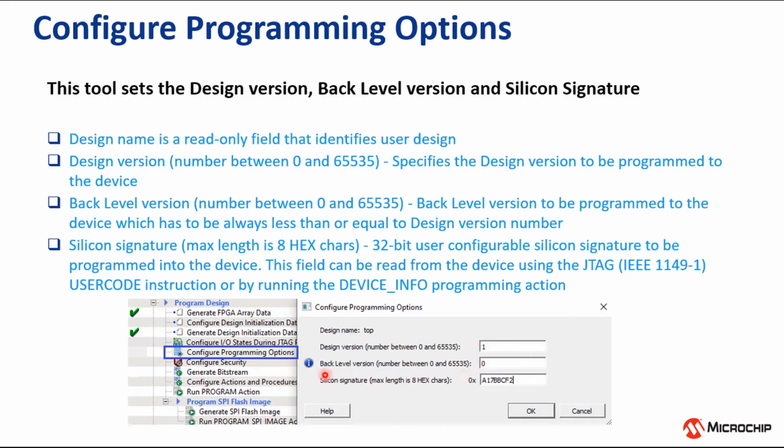Back level version is another parameter to be programmed into the device, which has to be less than or equal to the design version number. Silicon signature is a 32-bit user configurable number that can be programmed into the device, which can be read back using the device info JTAG programming action.